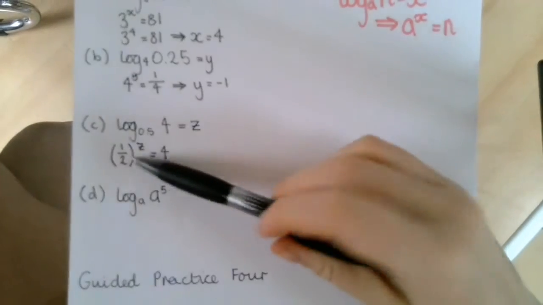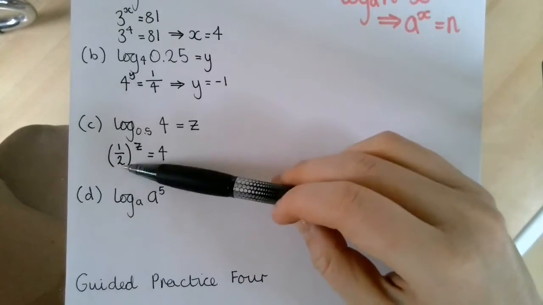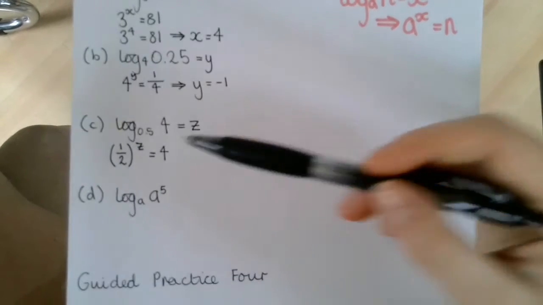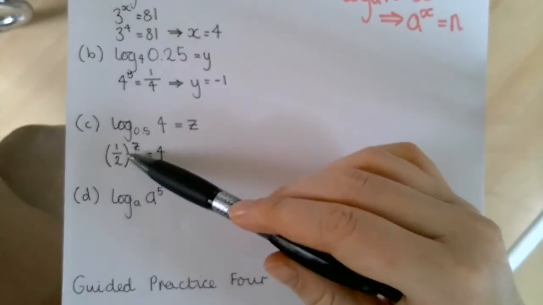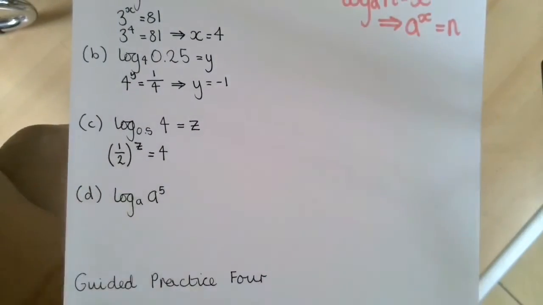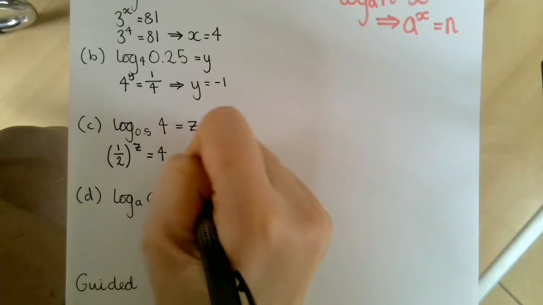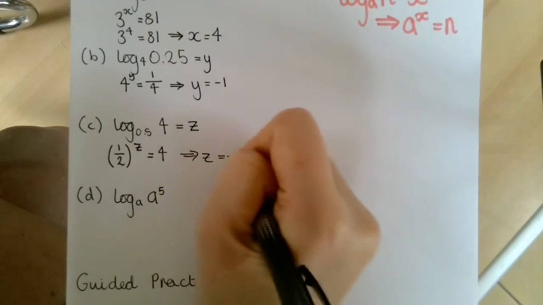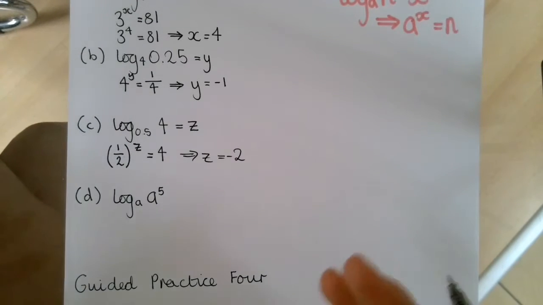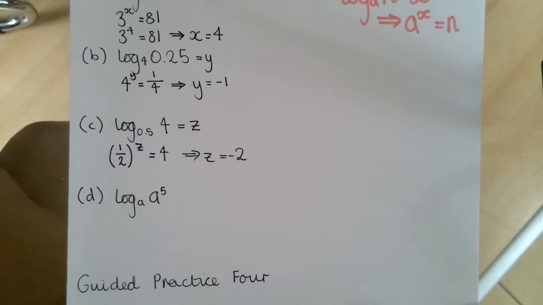Now I know if I take the reciprocal of a half, my answer is 2. And I know that 2 squared is 4. So z must be the reciprocal squared, or essentially z is equal to -2. So we've taken the reciprocal, then we've squared it. -1 times 2 is -2.